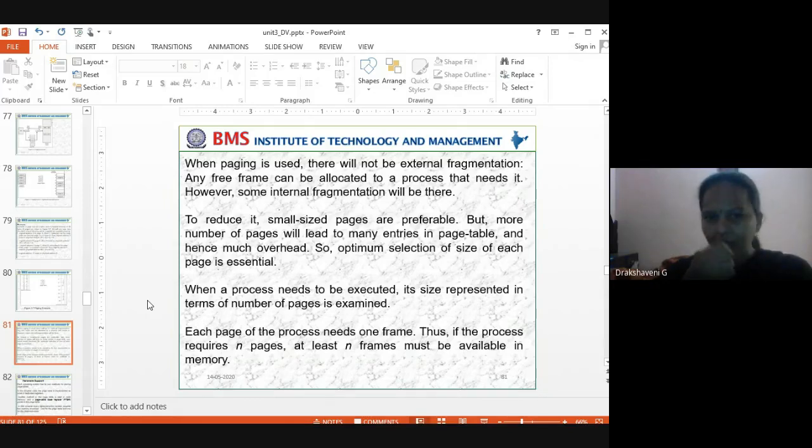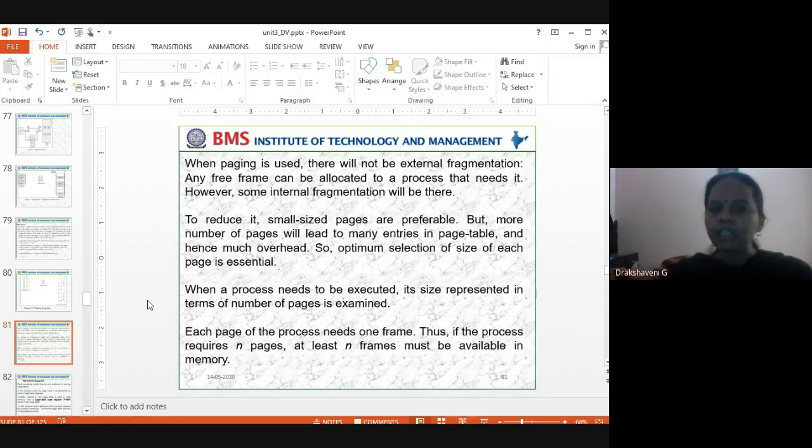Any frame can be allocated to a process that needs it. However, some internal fragmentation will be there. To reduce it, small-sized pages are preferable, but more pages lead to many entries in the page table and hence much overhead. So optimum selection of the size of each page is essential.